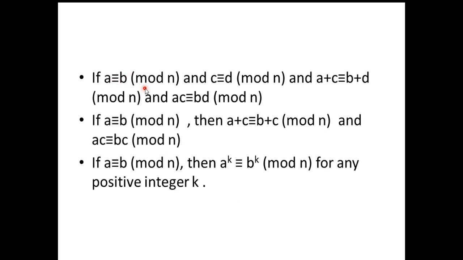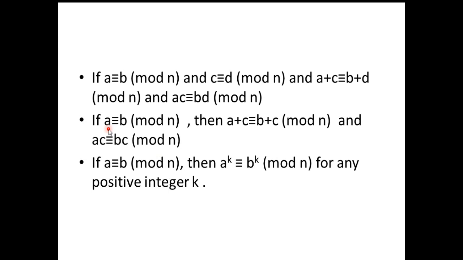Next, if a is congruent to b modulo n and c is congruent to d modulo n, then we can add these congruences: a plus c is congruent to b plus d modulo n, and we can multiply them also: a into c is congruent to b into d modulo n.